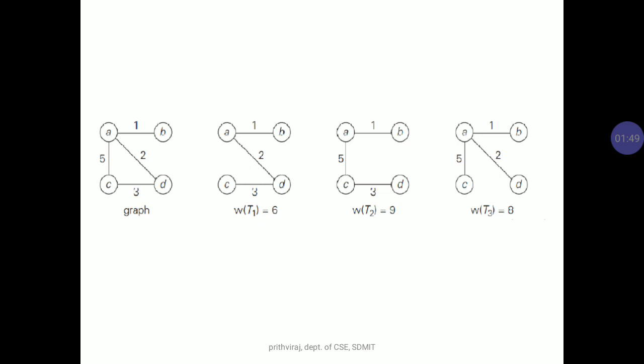In the third diagram, the weight is 9, and in the last diagram, the weight is 8. Compared to these three diagrams, the second one, with weight 6, is the minimum weight. Hence, this spanning tree is called the minimum cost spanning tree. I hope you got a clear picture about the minimum cost spanning tree.